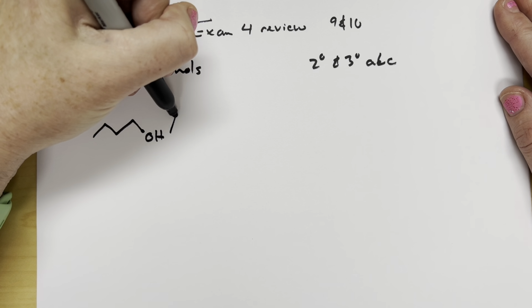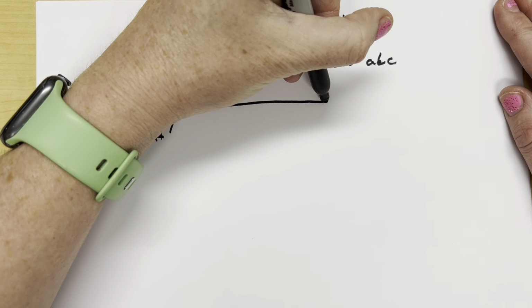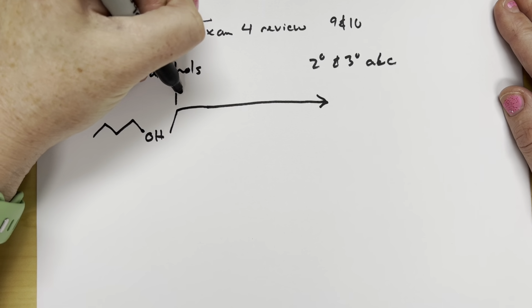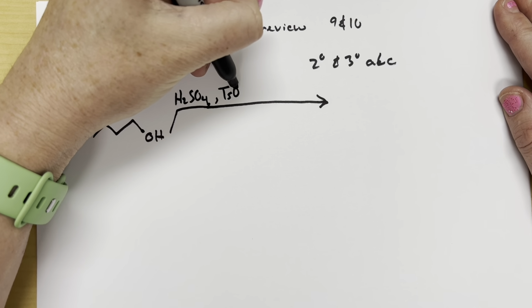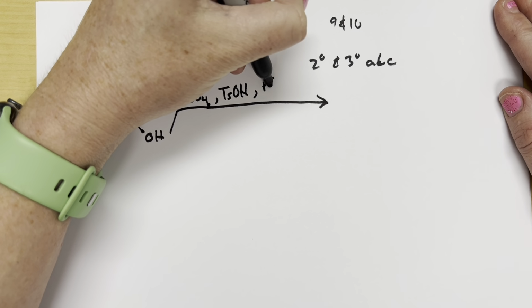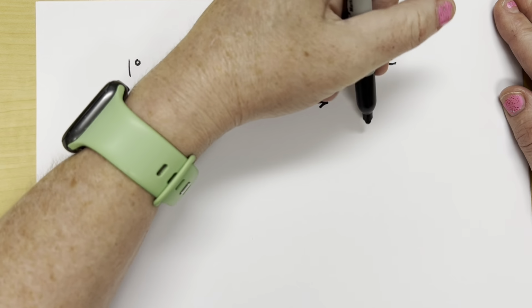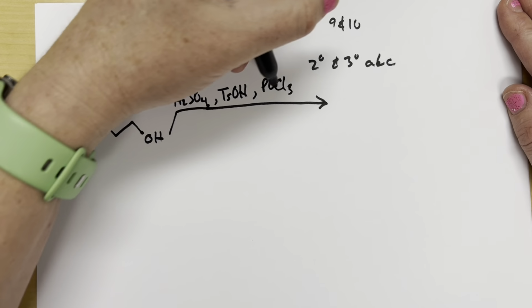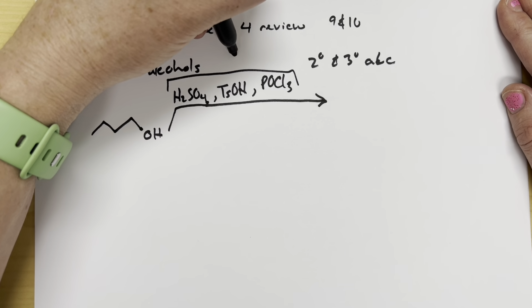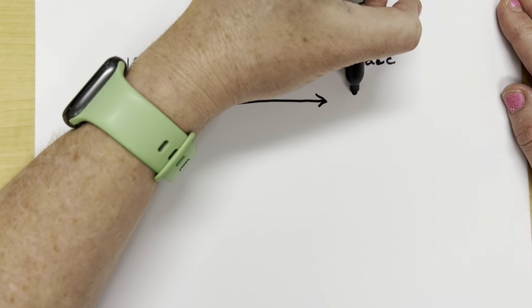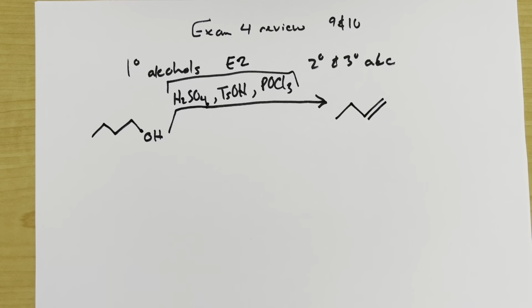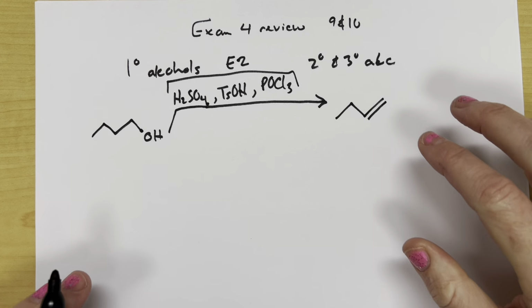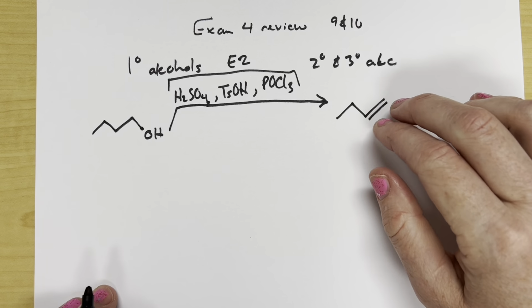We could do a few things with this. We could do an elimination reaction. If you reacted with H2SO4, TsOH, or POCl3 and pyridine, we would get an E2 reaction. We're kind of used to E2s happening when you have a primary something, so hopefully it's not too bad.